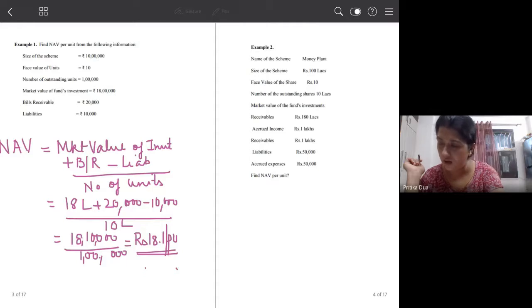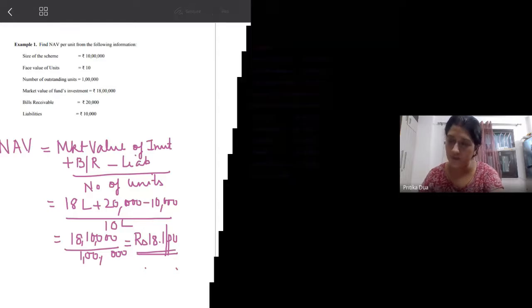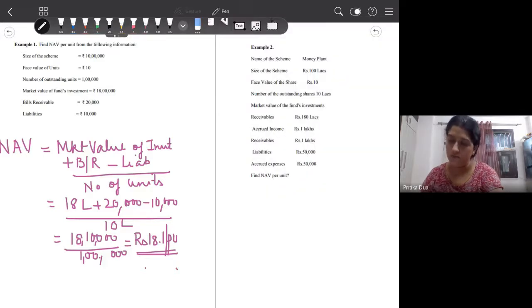1.81. So, number of units outstanding are 10 lakh. I believe that the value should be 18.1. Are you taking the number of units as 10 lakh? Yes, so that would be 18.1. So, in the numerator, when we are taking the net value of the assets held, you will be adding all the investments plus the receivables.